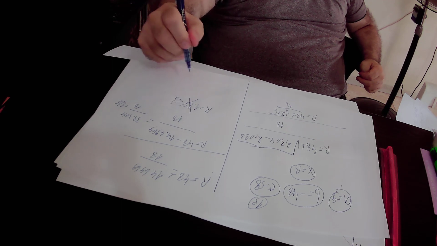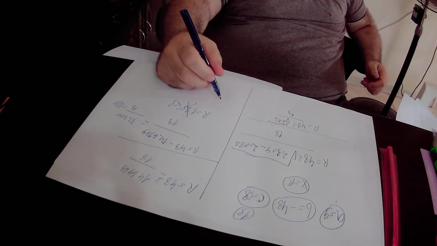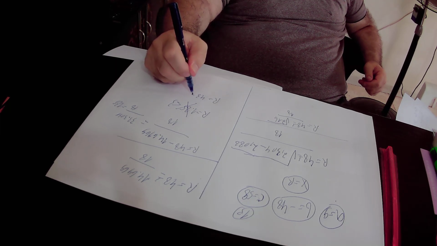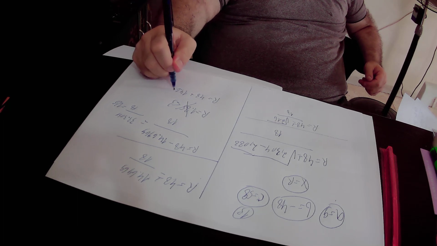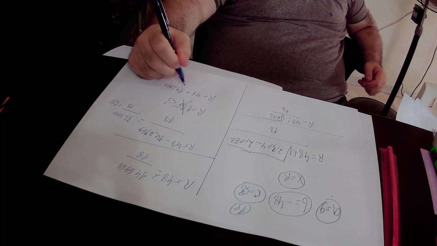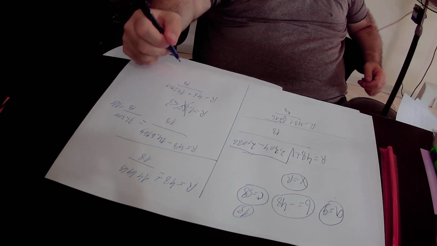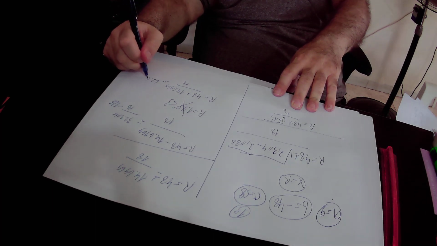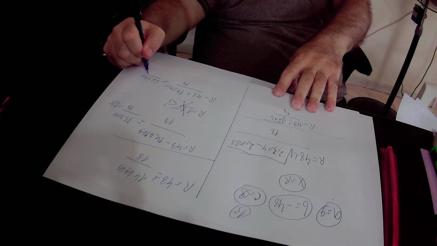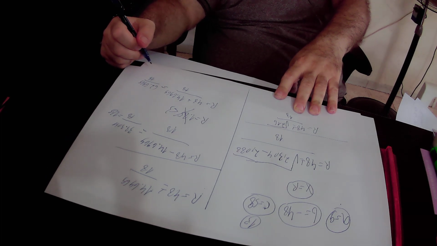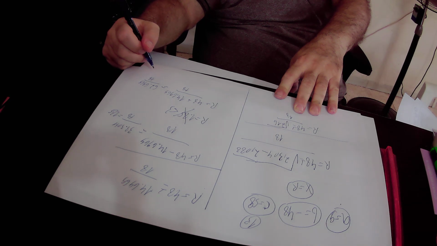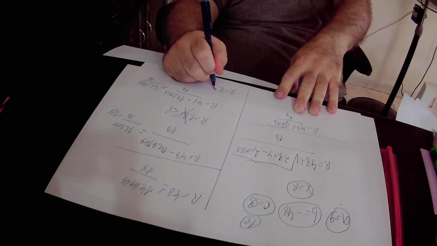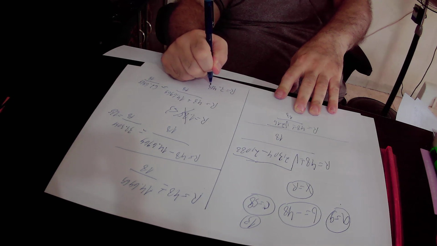We'll cancel this solution and we'll focus on the second solution, that R equals 48 plus 14.6969 over 18. 48 plus 14.6969 is 62.6969 over 18, and 62.6969 over 18 is equal to 3.483 units.